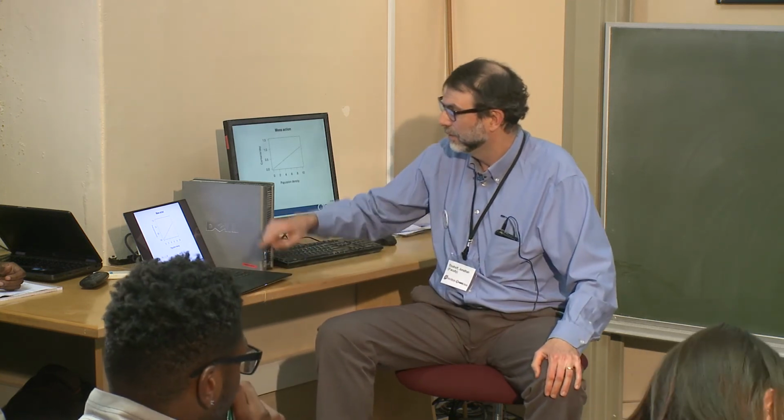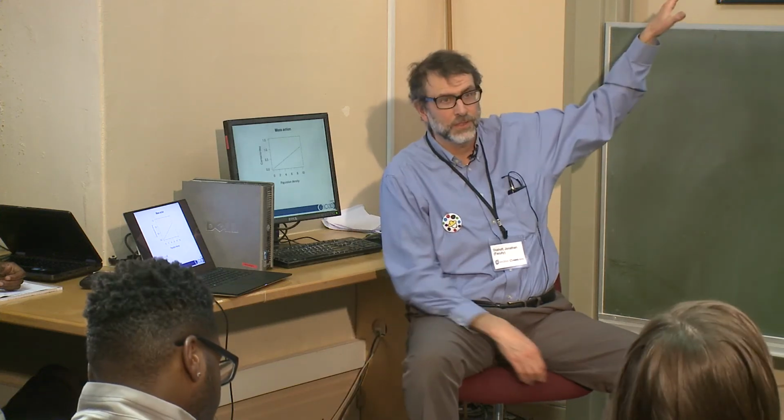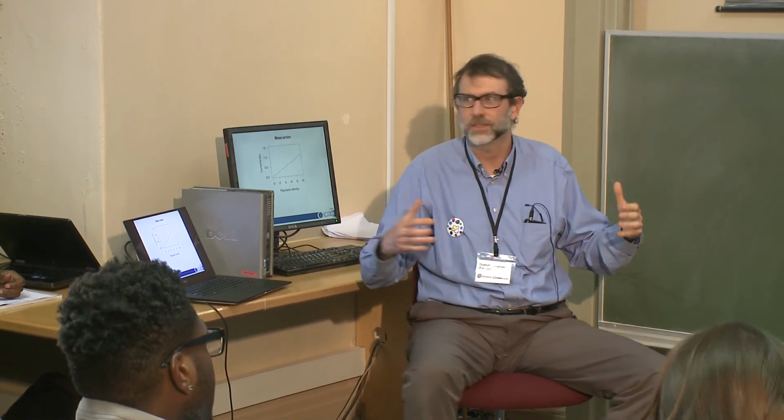But if we imagine that beta increases proportionally to N, then we get the other common formulation. So in my mind, both of these, beta 1 SI or beta 0 SI over N, they both fit inside the same framework. It's just the question of what are you assuming about how beta changes when N changes.